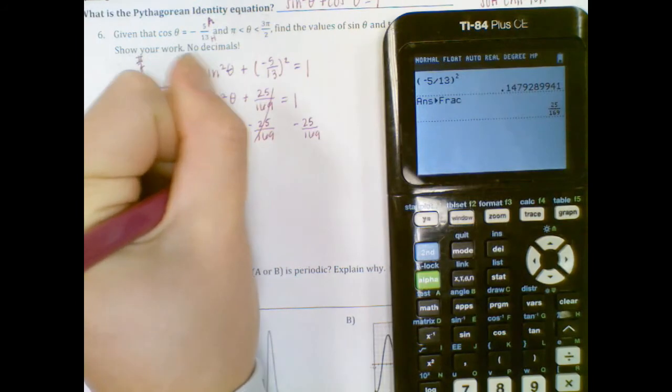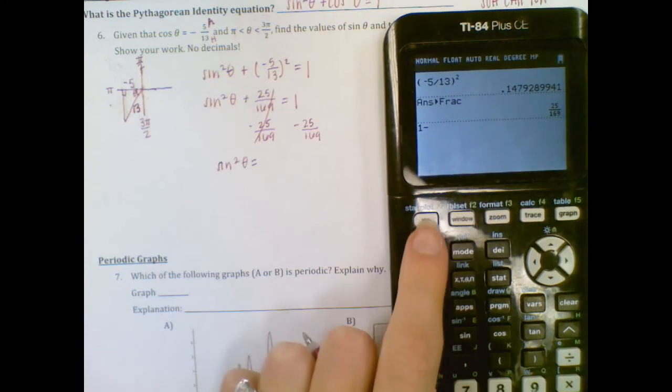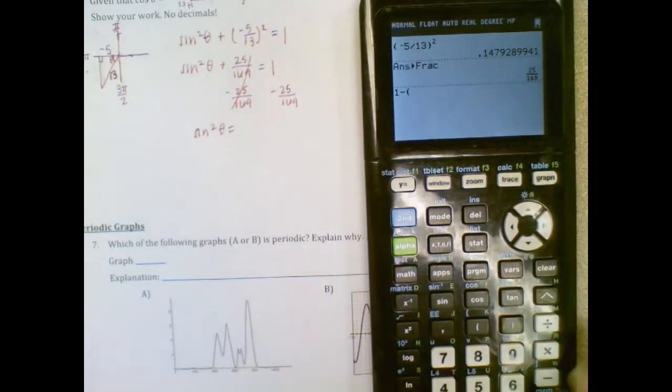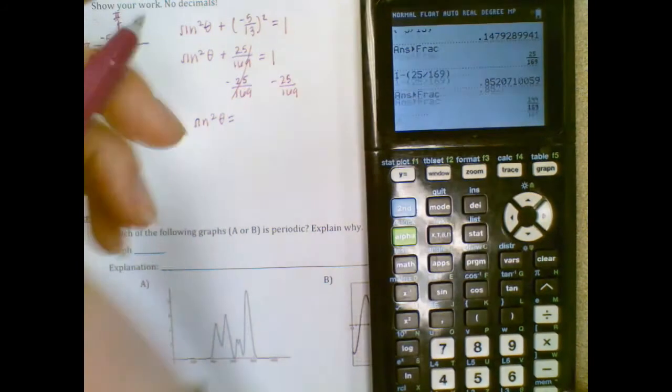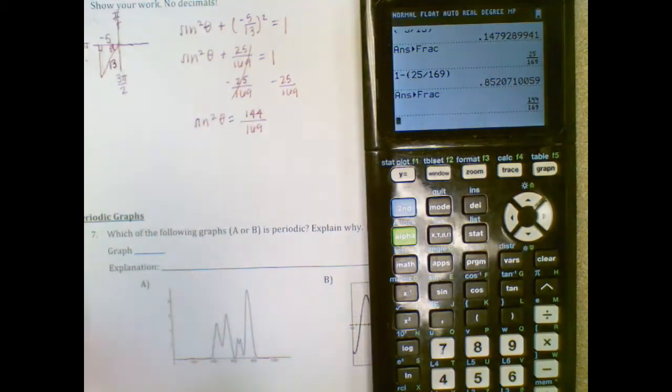So I get sine squared theta equals 1 minus 25/169. You can either put it in as a fraction, or you could do 1 minus the parentheses of 25 divided by 169. Turn to fraction, 144/169. All right, now sine's not by itself yet.